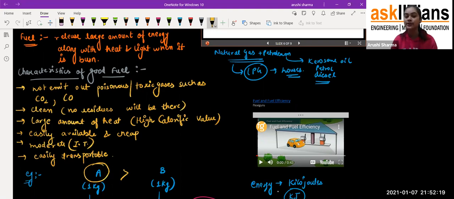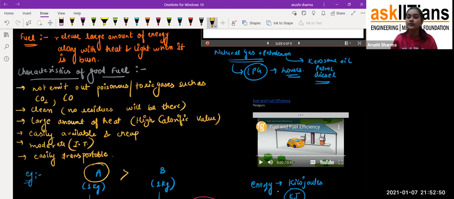I have already told you that many years ago, when we did not have LPG or gas cylinders, people used to cook food over wood logs. But wood logs are not considered a good fuel because they release poisonous gas and ashes, so we found an alternative. That way we don't have pollution in our environment or any residue, because the ash goes directly into water.